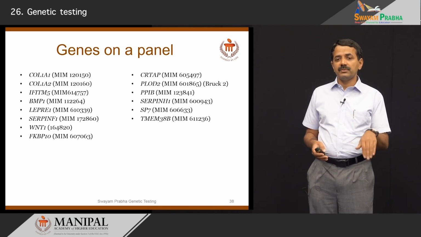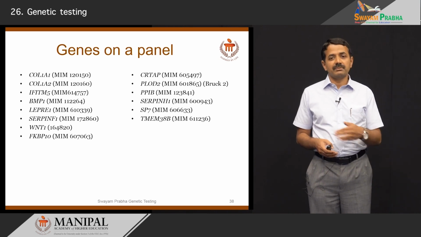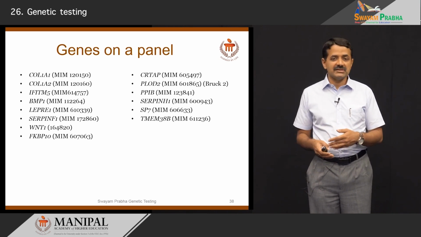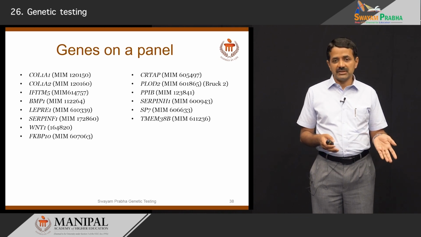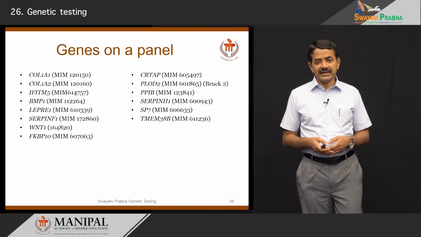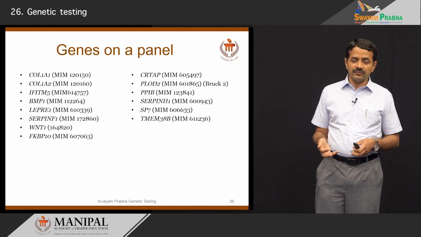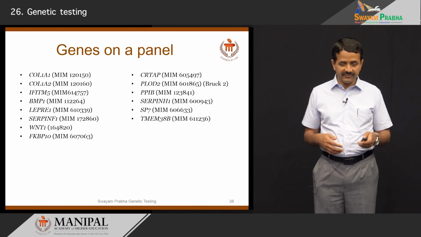So, all of them can be put in a gene panel, and by using next generation sequencing you can amplify and analyze all the genes, or you can go for an exome sequencing. Panel testing is currently recommended for genetically heterogeneous conditions, where a finite number of genes are known to cause a particular disease like osteogenesis imperfecta.